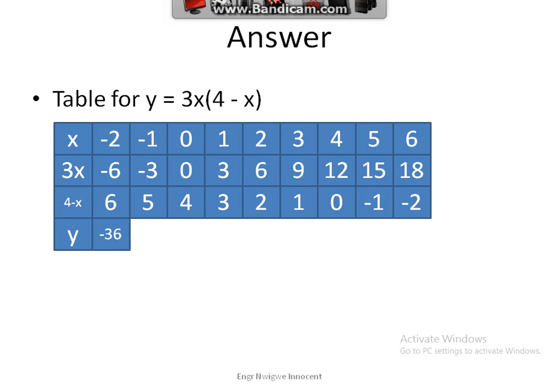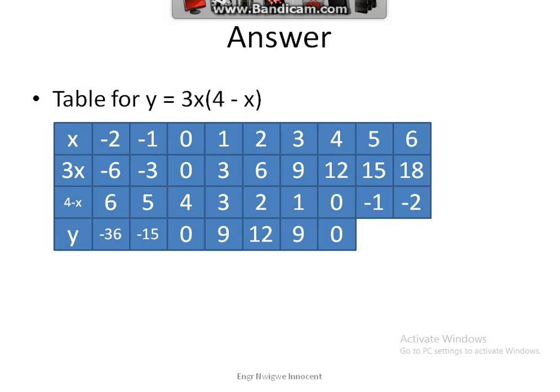minus 3 along the columns times 5 for the second column will give us -15, 0 on the third column times 4 will give us 0. 3 on the fourth column times 3 will give us 9. 6 on the fifth column of 3x times 2 will give us 12. 9 times 1 will give us 9. 12 times 0 will give us 0. 15 times -1 will give us -15.